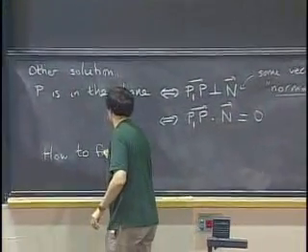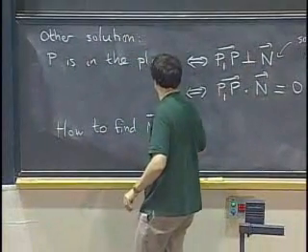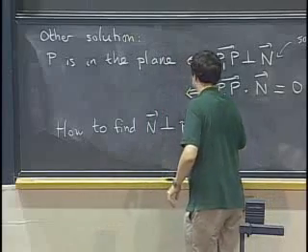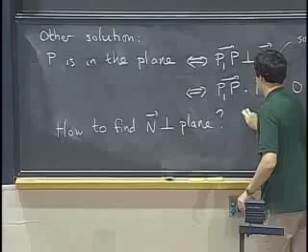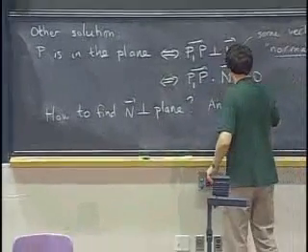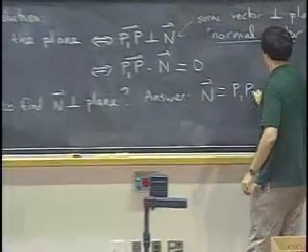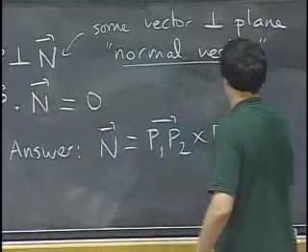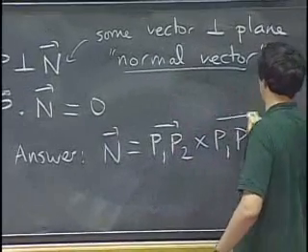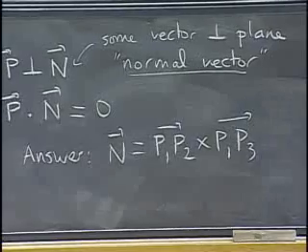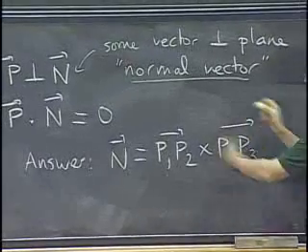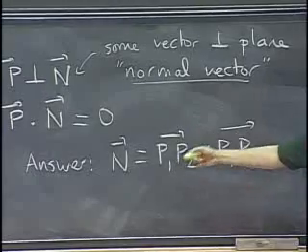So how do we find this vector that's perpendicular to the plane? Well, the answer is we can just take the cross product P1P2 cross P1P3. I should say, say that you took the points in a different order. You did P1P3 cross P1P2.